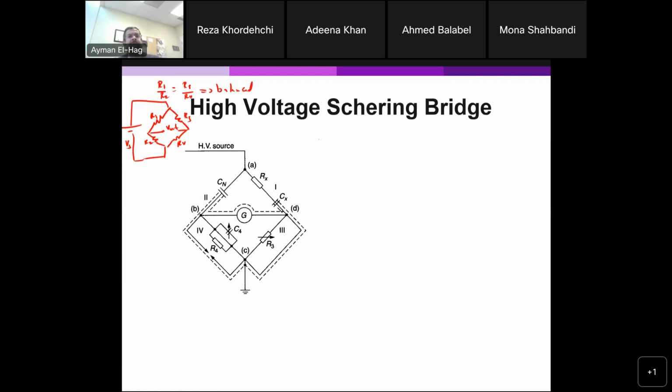Now, how can we use this information to help us find an unknown resistance? You connect that R3 and R4 are known resistors. So I know that ratio. R2 is basically an unknown resistance, for example. This is something I want to measure. And R1 is basically a variable resistance, something I can control.